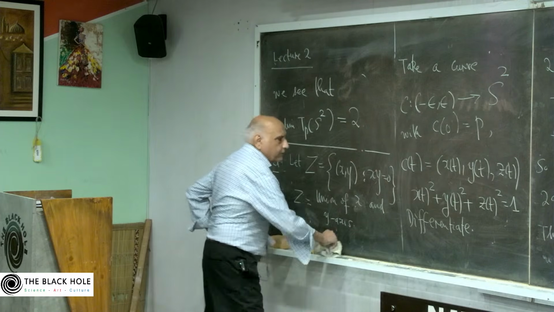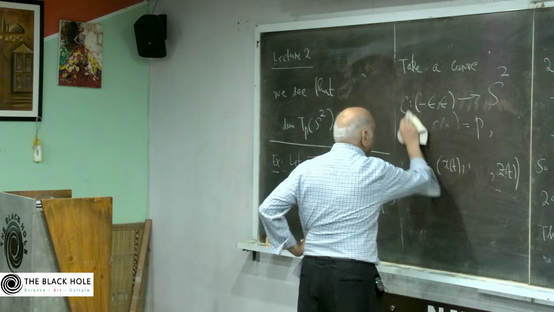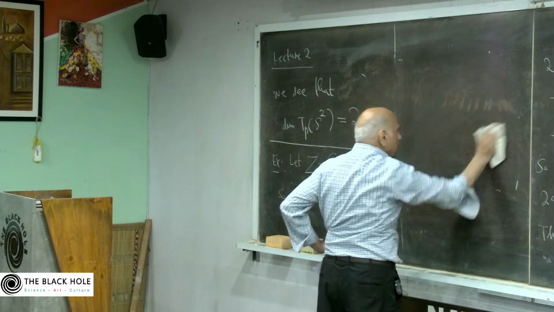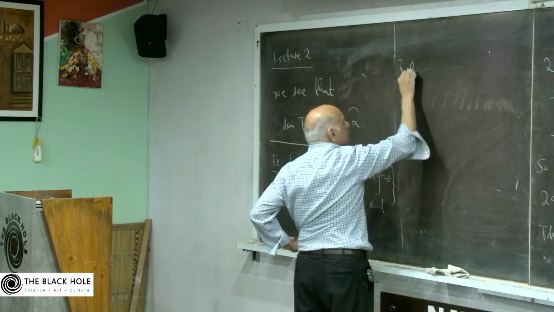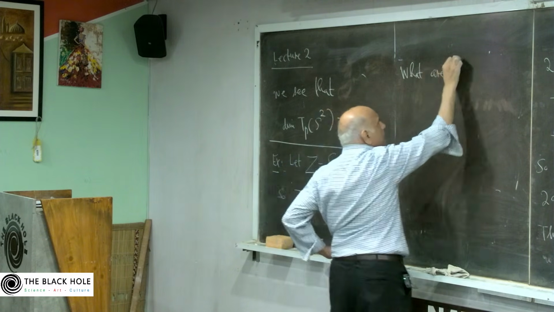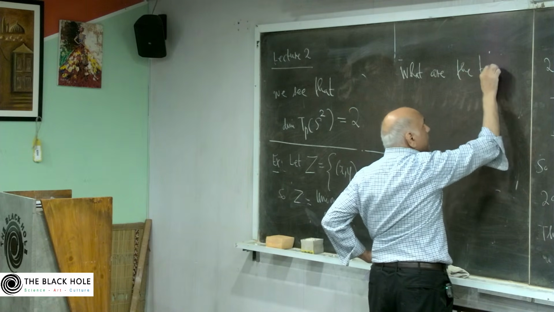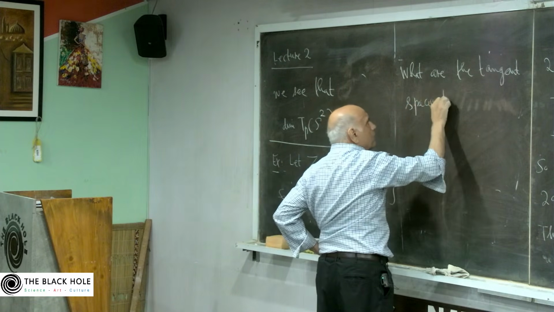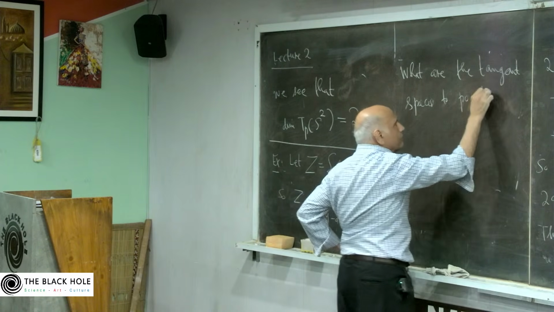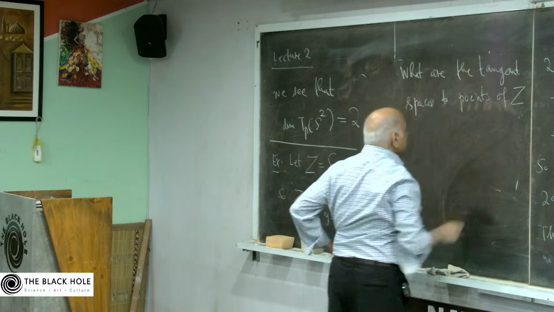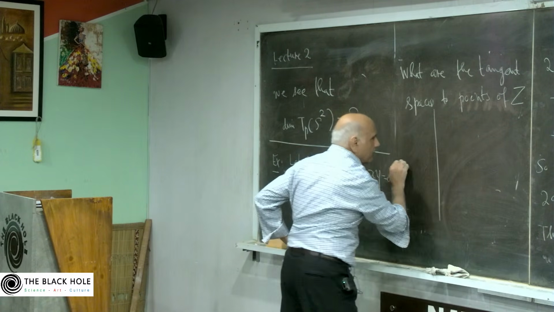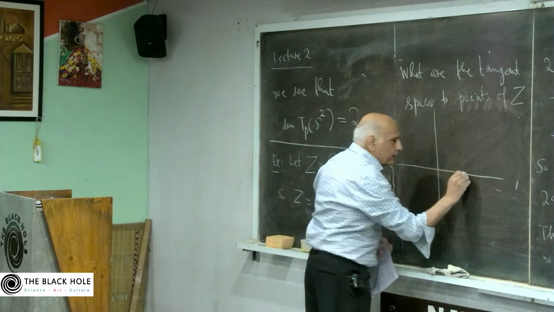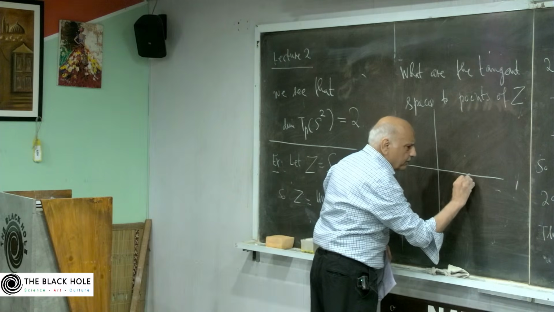Okay, so what are the tangent spaces? No, not yet. Two points of Z. Okay, so if I take a point P here, now I am not going to, you can do it yourself.